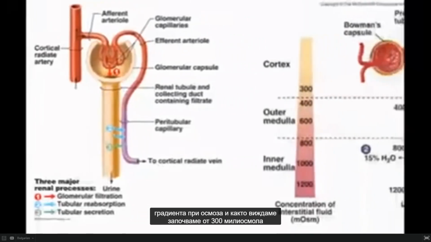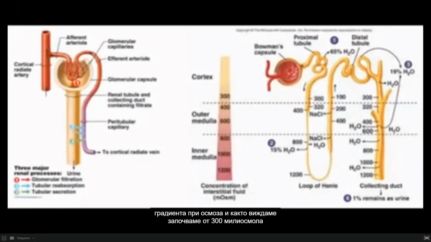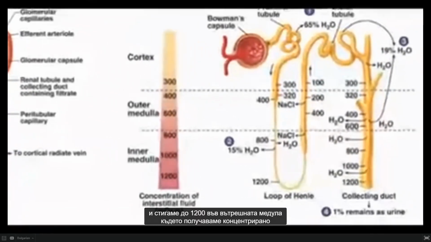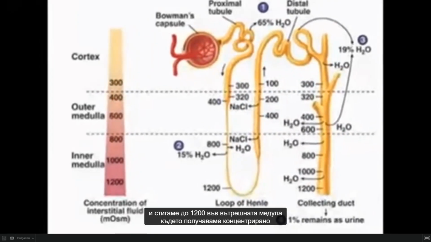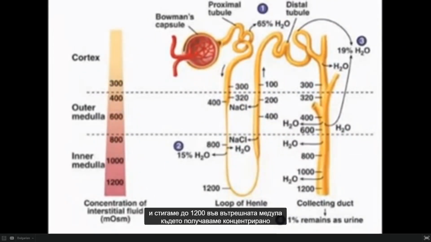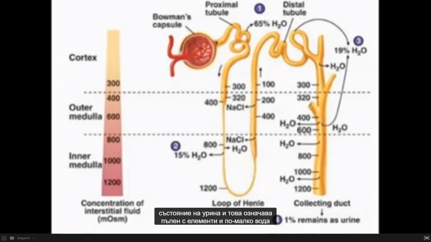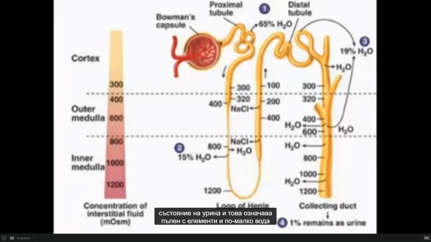As we see, we start from 300 milliosmoles and we reach 1200 in the inner medulla, where we get the concentrated urine state, meaning full of elements and with less water.